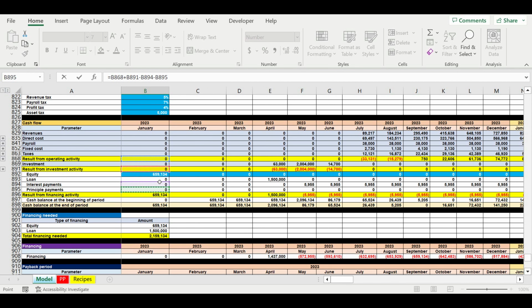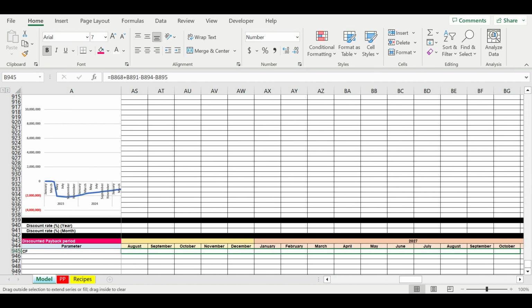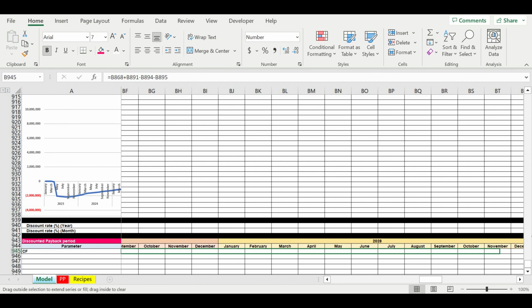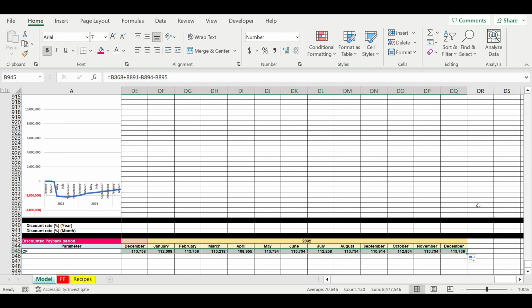Now I'm extrapolating to the right. So this is the cash flow.